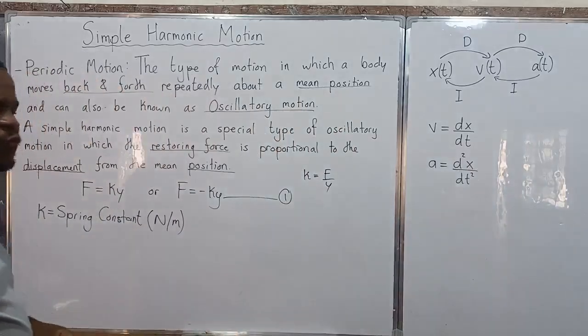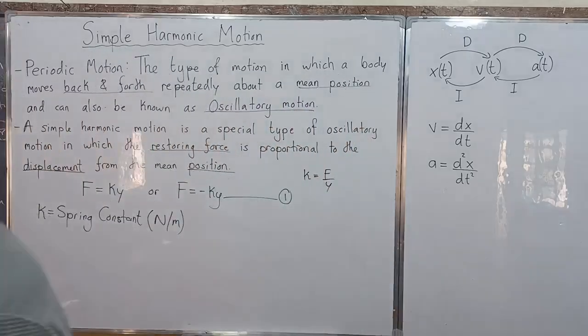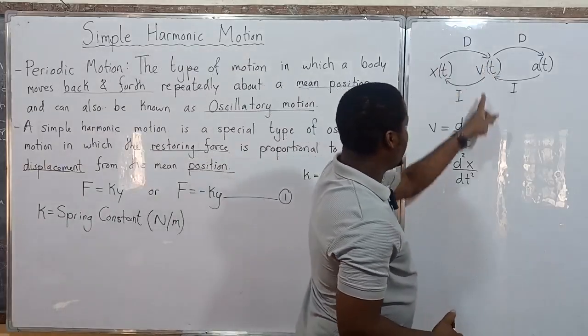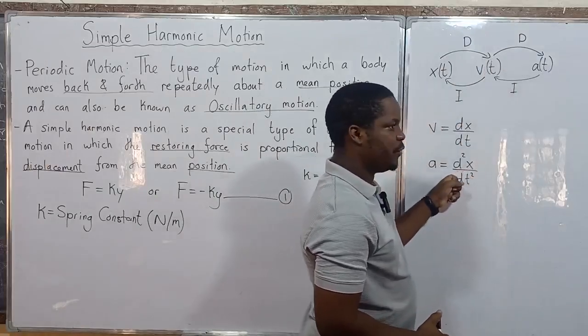This simply means that you've differentiated the function of position twice. So we've gotten the second derivative. When we say second derivative, it means that we differentiated once, we have dx/dt. If we differentiate it again, we'll have this expression that we have here.